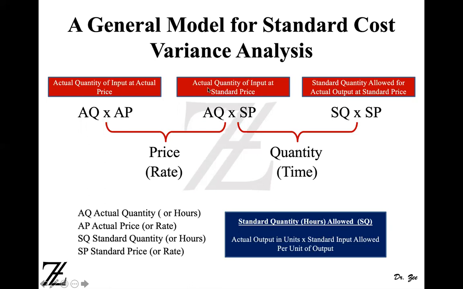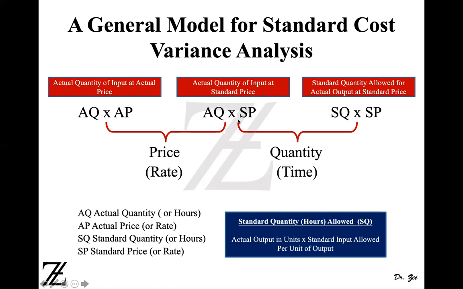Now we are creating something similar to a flexible budget here, right? We took price from here and we took quantity from here, so we can compare, because the actual and standard cannot be compared, because we cannot compare apples and oranges.